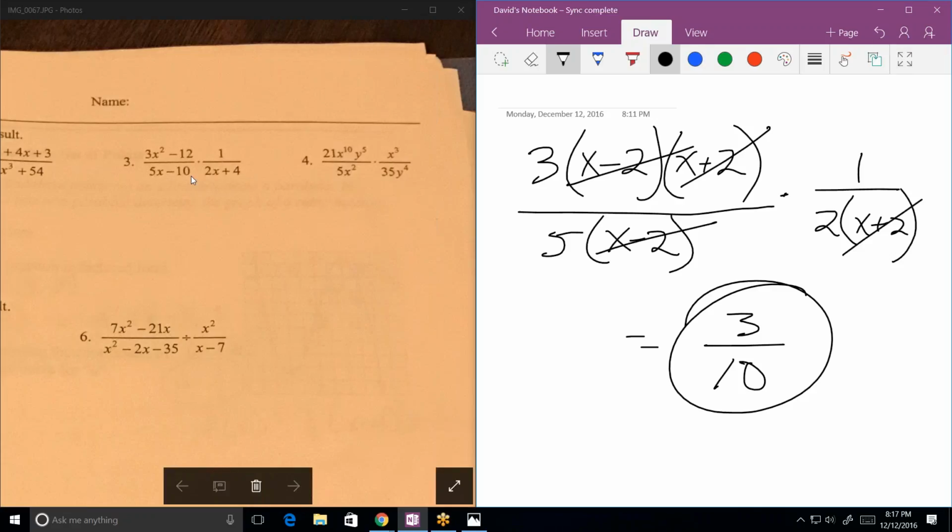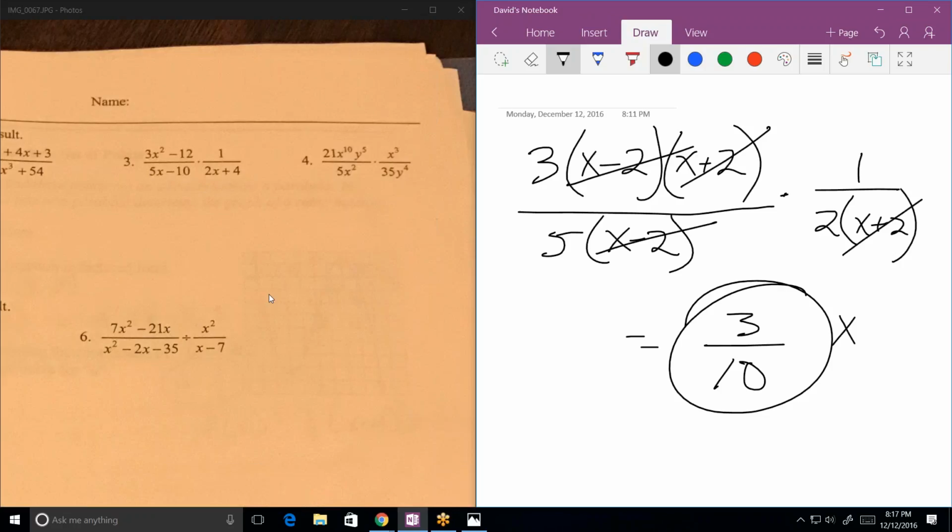Now there are a couple of values that x can't be. In other words, there are some domain restrictions there. x cannot be positive 2 because it makes this 0, and x cannot be negative 2 because it makes this 0. So this is not quite the complete answer.